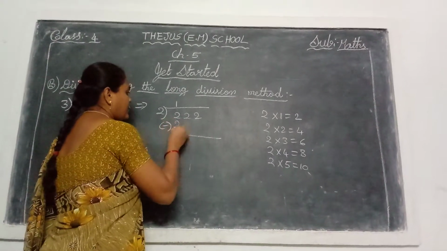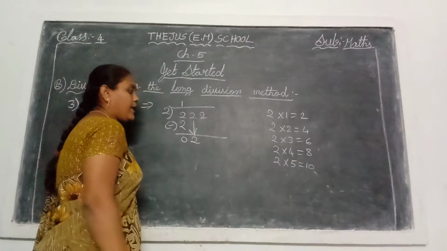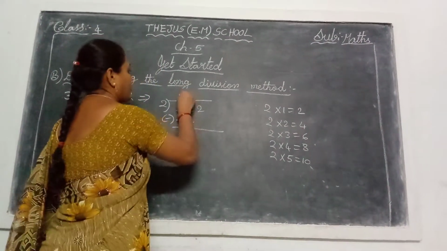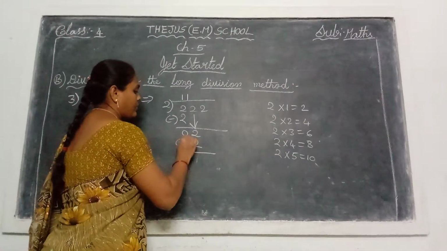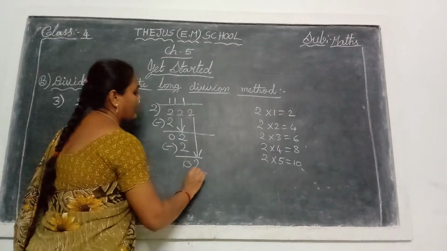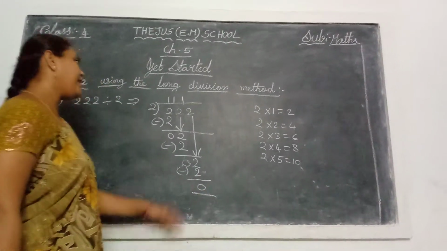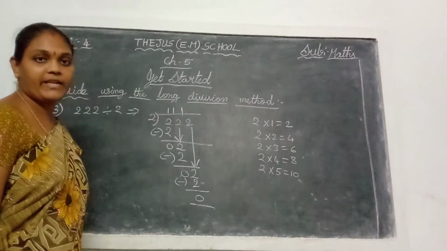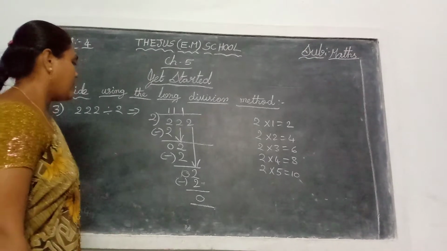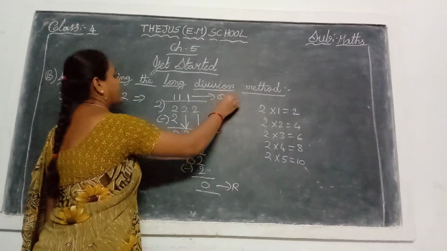Do the subtraction. 2 minus 2, 0. Write this 2 now. Again 2, 1 time. So 1 time 2. Do the subtraction. 0. Now write this 2 again, 1 time 2. Do the subtraction. 0. So 222 in the 2 table is 111 times. Okay, children. So this is the remainder. This is the quotient.